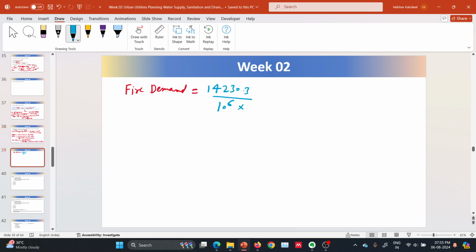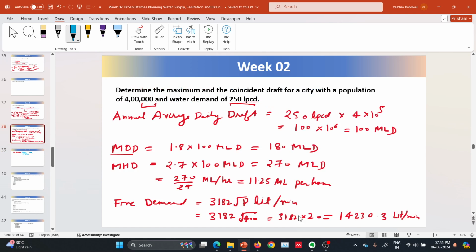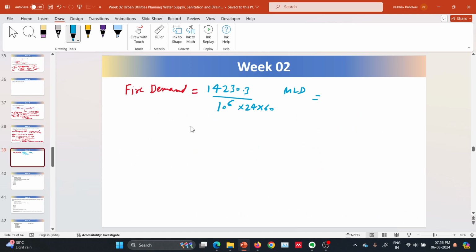So I will divide it by 24 into 60 to convert it into mLD.